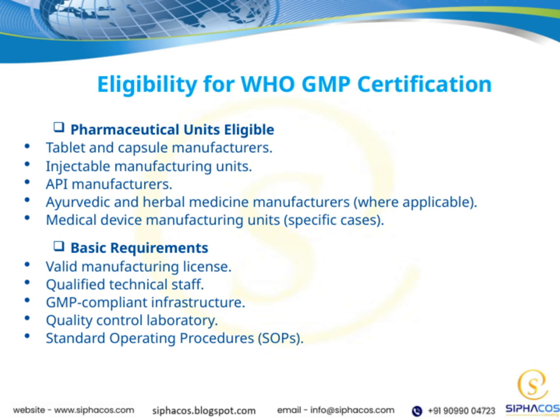A dedicated quality control laboratory is essential for testing and ensuring the quality of your products. Lastly, having well-documented standard operating procedures, or SOPs, is vital for consistent and compliant manufacturing operations. Together, these eligibility criteria and requirements form the foundation for achieving WHO GMP certification, which is a key step in demonstrating your commitment to quality and safety in pharmaceutical manufacturing.